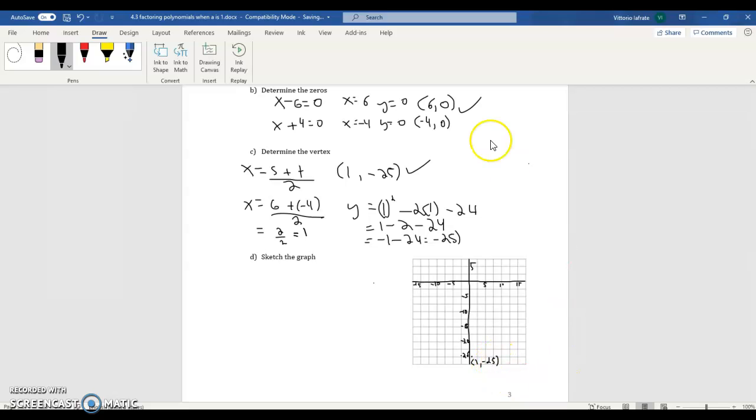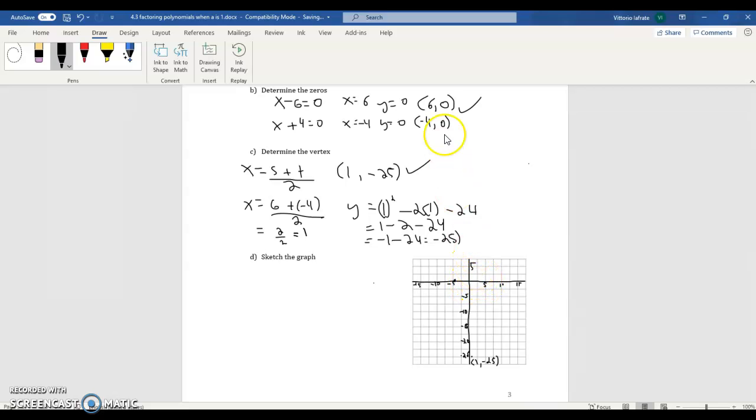We also have our zeros. Our zeros are negative 4, 0, and 6, 0. So this is negative 5 over here. This is 2.5 over here. So in between, right about here for a negative 4 value. That's one of our zeros, negative 4, 0.